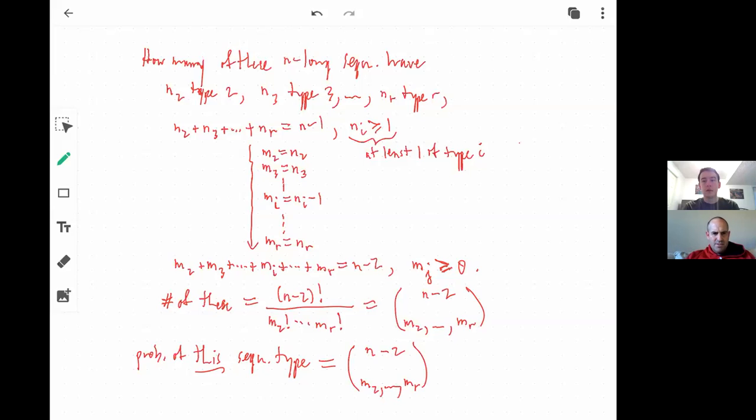So it would be each p sub i raised to m sub i. There's p1, which is raised to the 1. The other p sub i's would be raised to the m sub j.